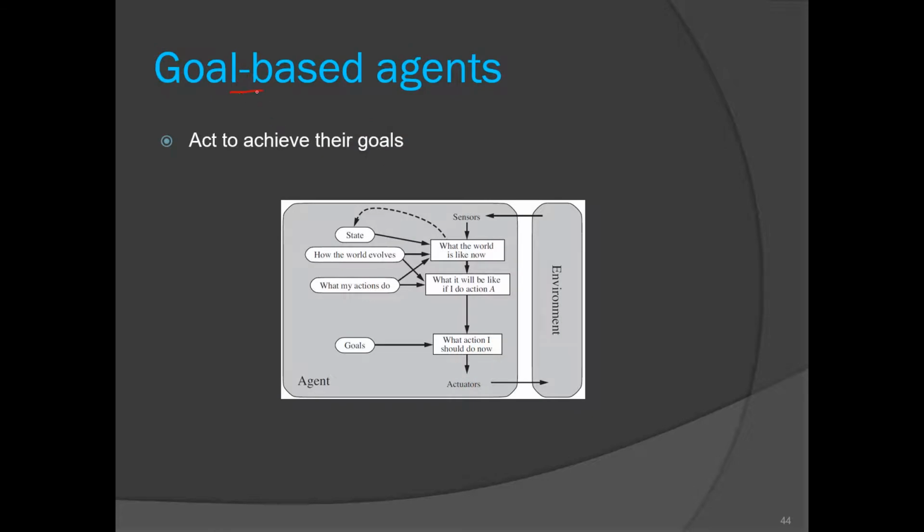Next agent is known as the goal based agent. See here, this agent acts to achieve its goals. Here we will not have condition action rules; instead we will have goal information, and in addition to this we have this extra block here. Now what happens in a goal based agent? For a corresponding percept we will have multiple actions possible.